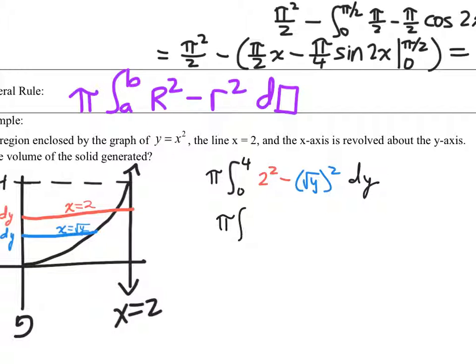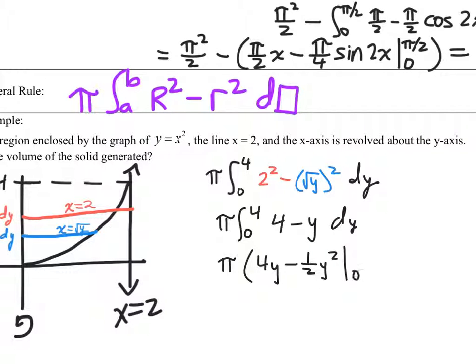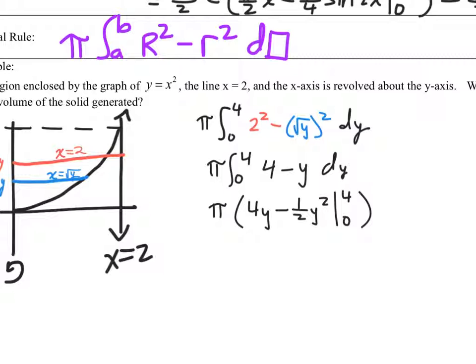So that cleans up to 4 minus y, which integrates to pi times 4y minus 1/2 y squared over the interval of 0 to 4. 0 is irrelevant. Pi times 16 minus 8. So 8 pi.